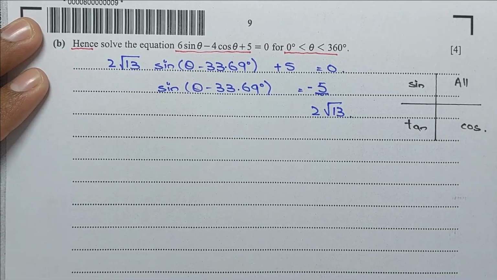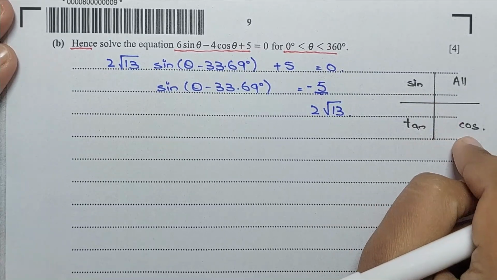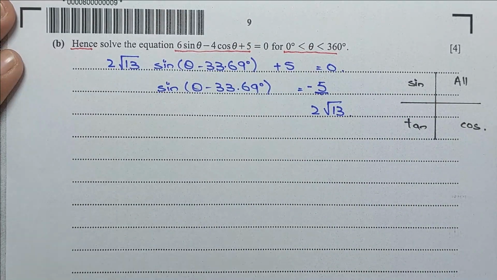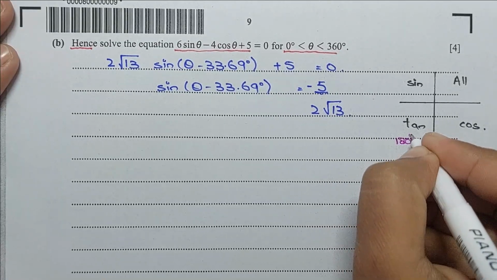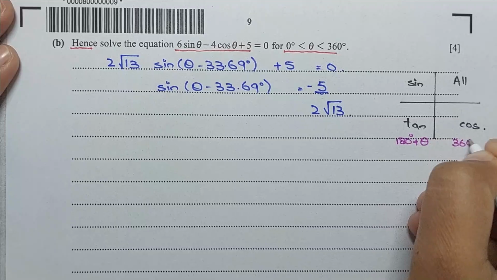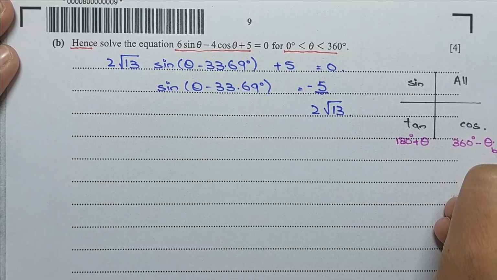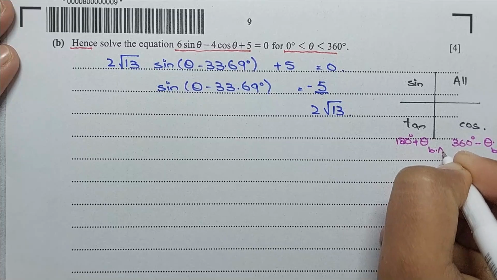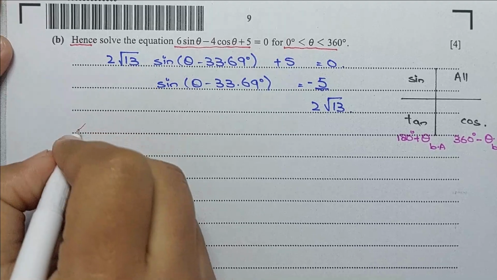Now, sine is positive in the first quadrant and in the second quadrant. But in third and the fourth quadrant, sine is negative. So this is in degrees. So we can say 180 degree plus the base angle, and here 360 degree minus the base angle. This theta is the base angle, right? Base angle. Okay. Now, first thing is to figure out what is the base angle, right?